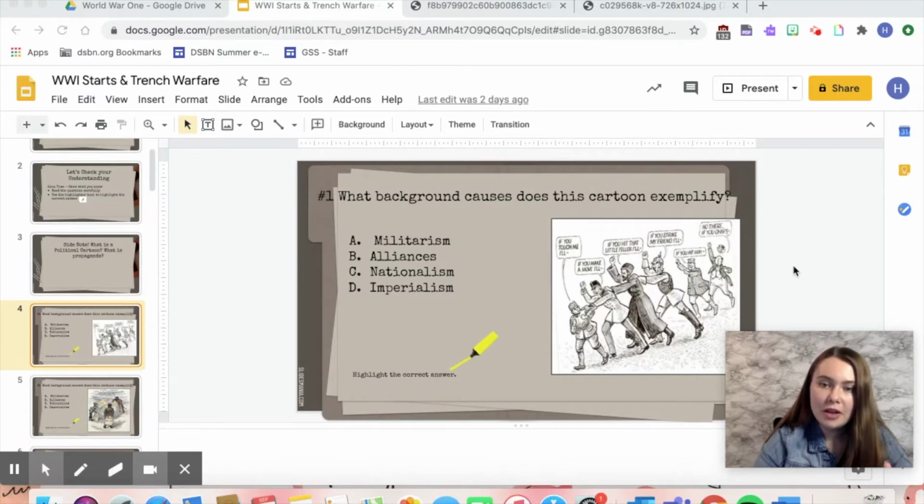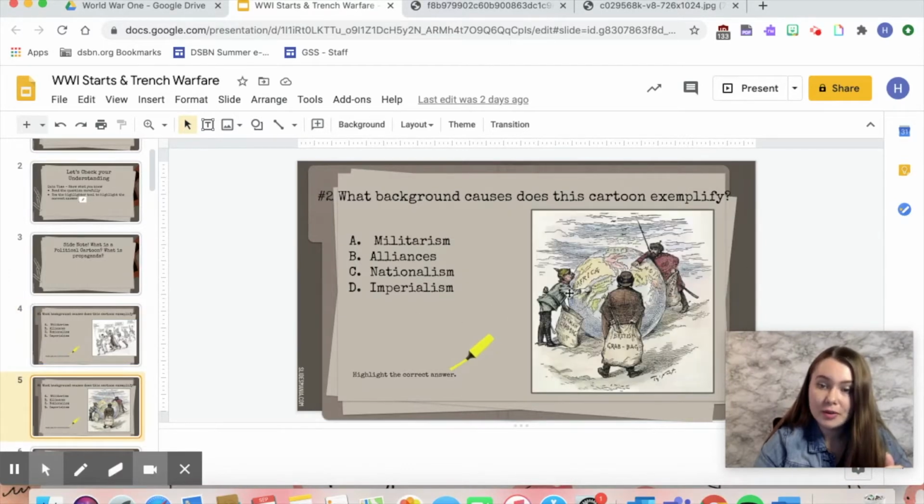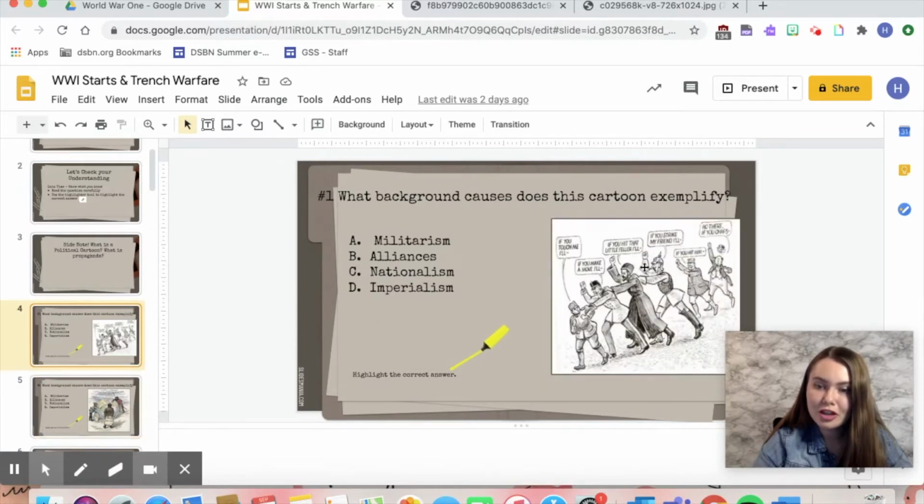So what you see here on my screen is an example of a political cartoon. The next question here is also an example of a political cartoon. A political cartoon is essentially a drawing done by an artist, usually placed within newspapers, and it is making some type of commentary on the political news of the day, social news, economic news.